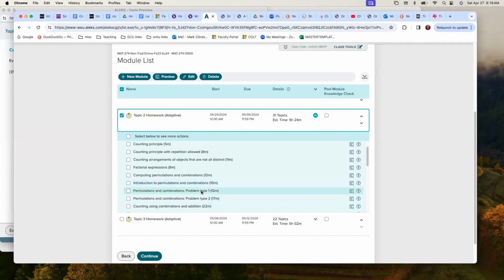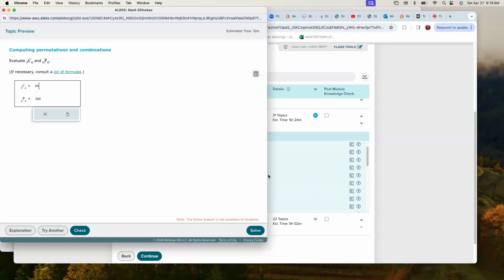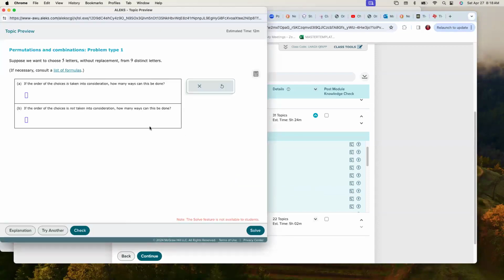Okay, and all right, so let me go back here, and for some of this stuff, if we go to different permutations and combinations, if I get into one of these problems right here, again, this is just going to be a matter of picking the right formula to use. Suppose we want to choose 5 letters without replacement from 9 distinct letters. If I streamline this quickly, we could refer to the formulas and know which one to apply here.